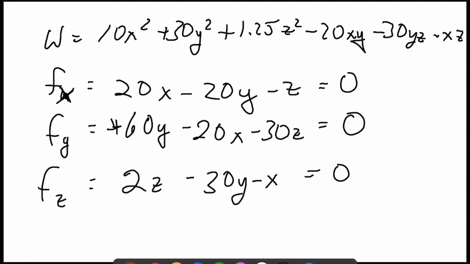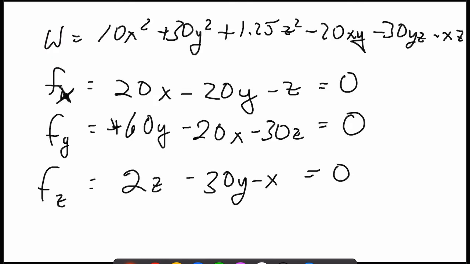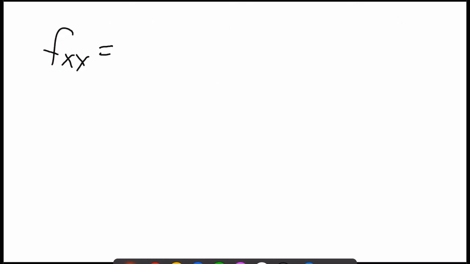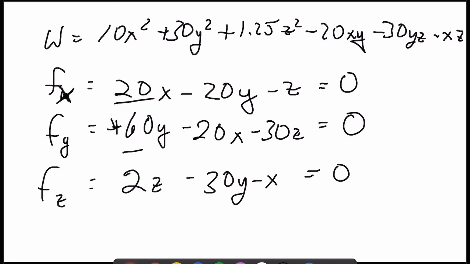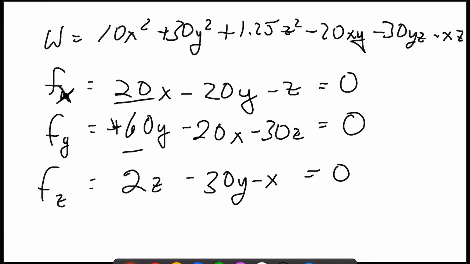And then we can solve all that. We don't really care. What we care about is what? fxx is going to be 20. fyy is going to be 60. fzz is going to be 2.